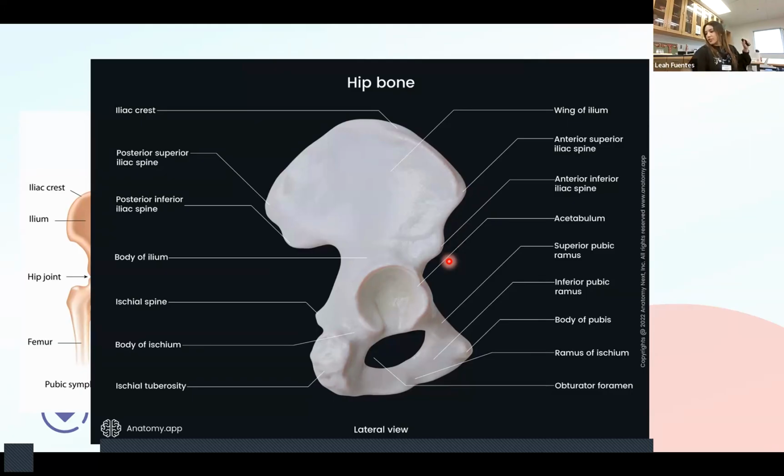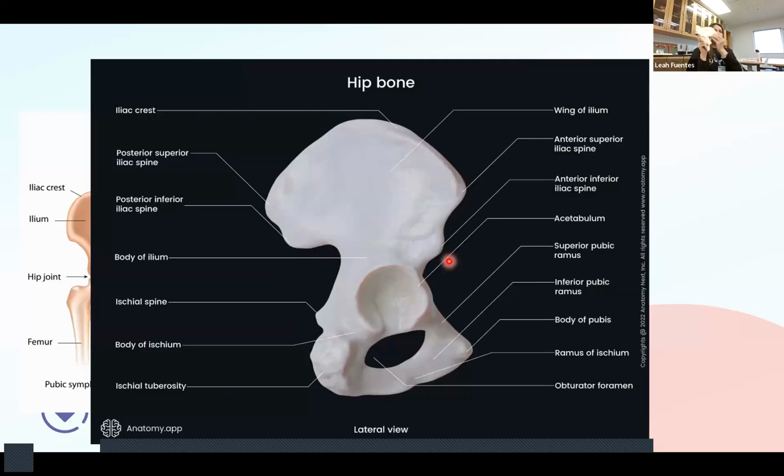If you are asked to side a bone like this, the acetabulum has to be towards the outside. Because if this was on the inside, you would not be able to walk, right? Like if this was medial to your body, it has to be on the outside. And this part right here is not officially called this, but we call it the elephant ear. This has to be sitting like this because this is where your sacrum attaches.